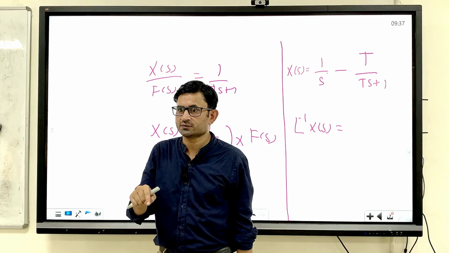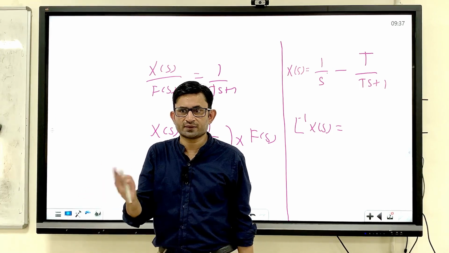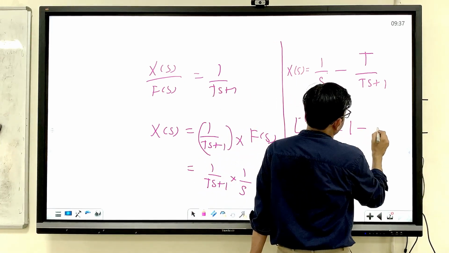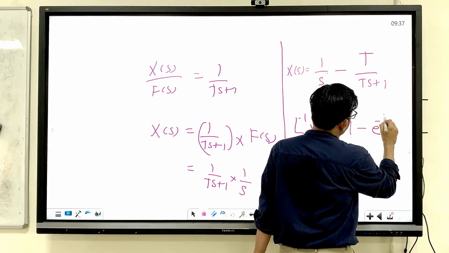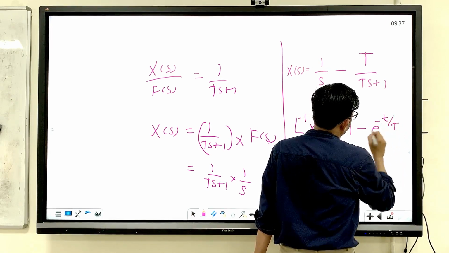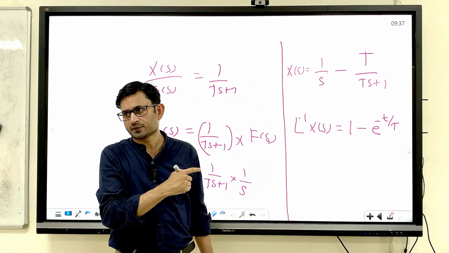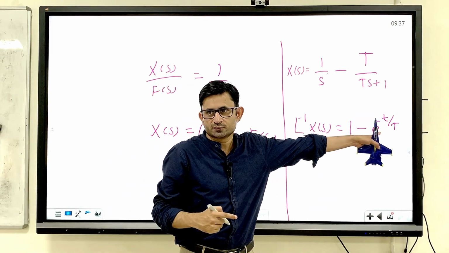So what will be the inverse? Reverse back, right? 1. And here you will see e to the power minus t by capital T. If you go back to the Laplace transform explanation, you can get this expression also. Okay.